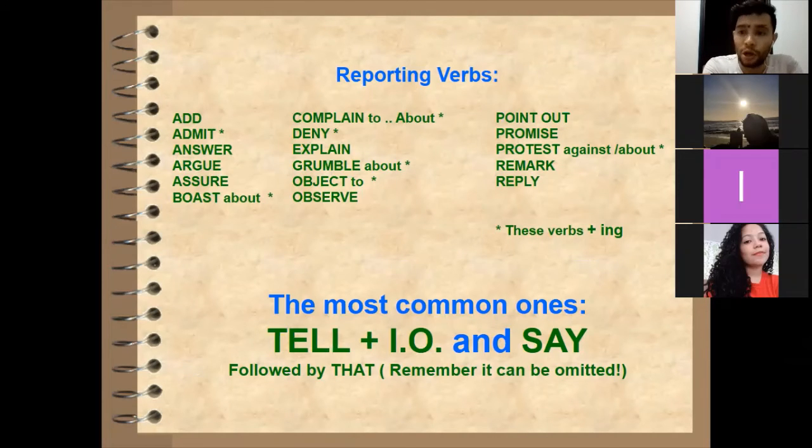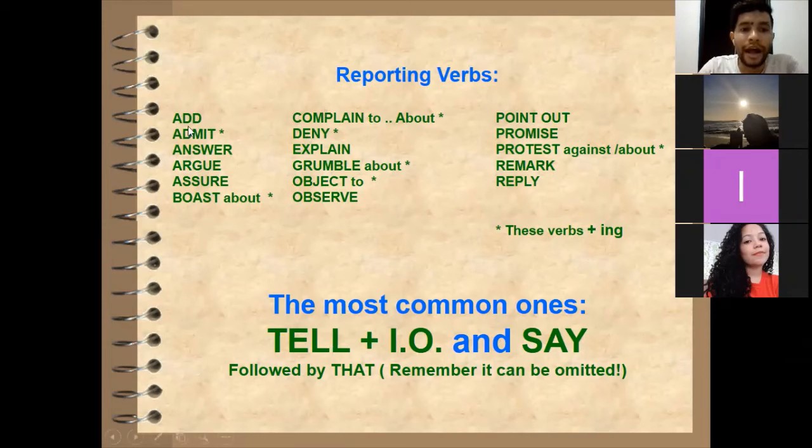Now, I was telling you about those reporting verbs, and in the book, you are going to find some of those reporting verbs, but this is a more complete list of reporting verbs that you can use for reported speech.